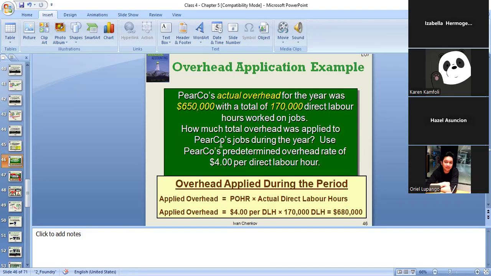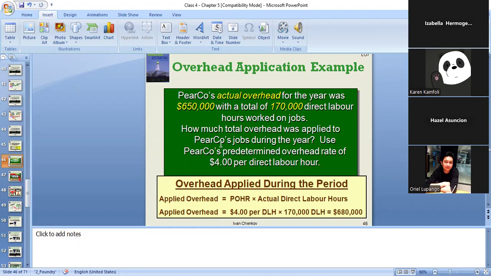This company, the actual overhead for the period was 650. Why? Because with the total hours, 170,000 hours, how much total overhead was applied during the period if the predetermined overhead rate was $4?